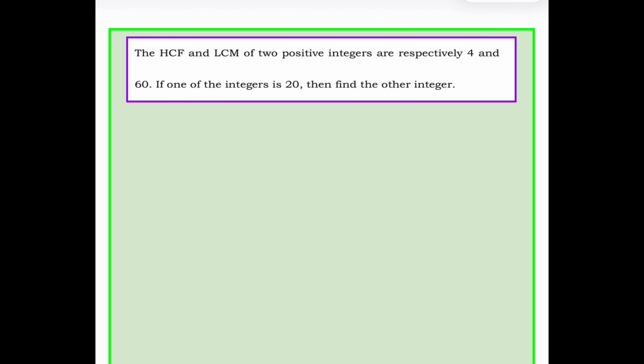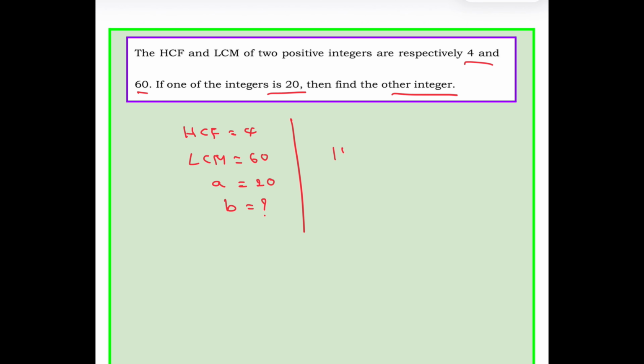HCF and LCM of two numbers are 4 and 60. One integer is 20. Find the other integer. HCF is 4, LCM is 60, one integer A is 20, another integer B equals question mark.